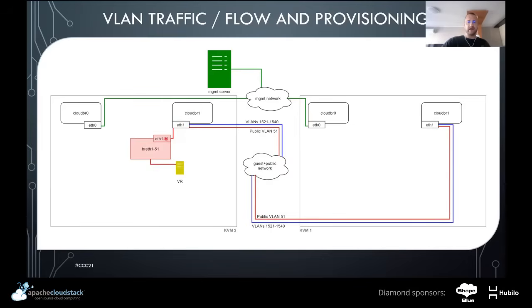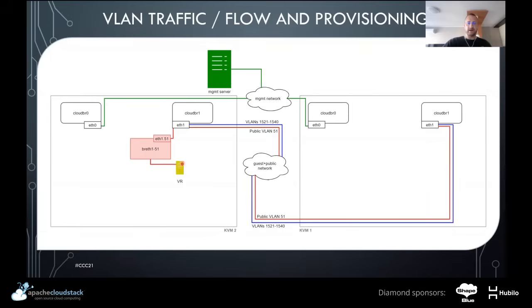Then it will take the VLAN for the public network, in my case VLAN 51. It will create eth1.51, a VLAN interface on top of eth1, and it will create a brand new bridge, which you can see, breth1-51. And all the system VMs on this specific host that should be joined to this public network will have their virtual network card joined to this bridge.